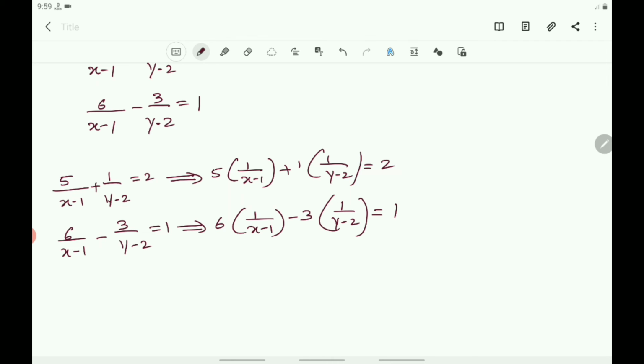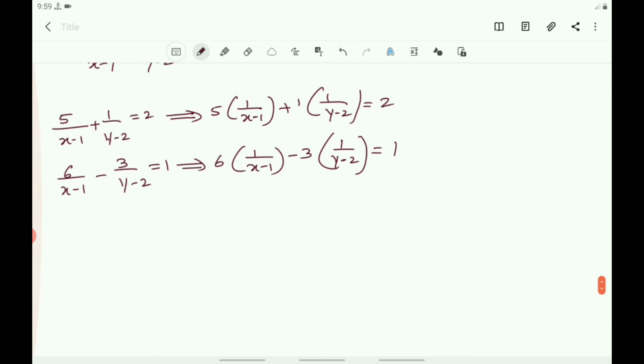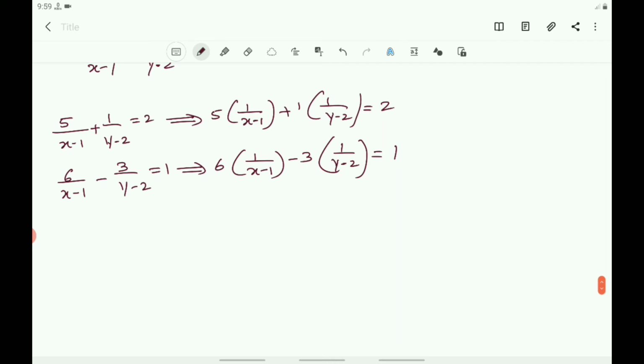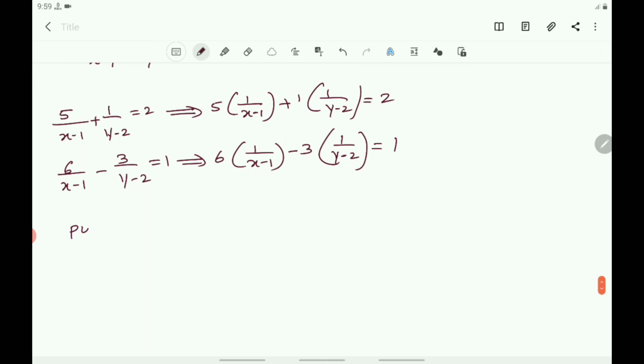Now you take here 1 by x minus 1 and 1 by y minus 2. So you take 1 by x minus 1 as one variable, and 1 by y minus 2 is also another variable. Now let us take, here you put 1 by x minus 1.